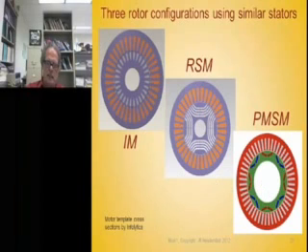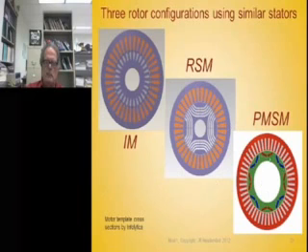Now the permanent magnet machine, the one that we show here, uses the same kind of stator as the other two, but the magnets are buried inside the rotor. There are two magnets per pole. The red ones are north poles, the blue ones are south poles. And we have this soft laminated pole in between here, which is kind of like the salient poles on this machine.